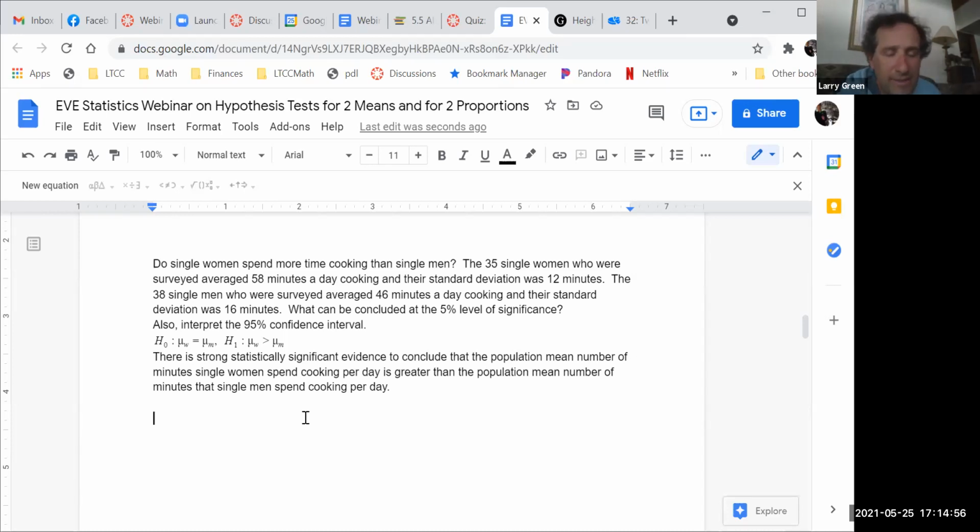Okay, and then if men and women have the same population mean number of minutes spent cooking per day, and we conducted another study, 35 single women and 38 single men, then there would be a 5% chance that we would end up falsely concluding that the population mean number of minutes that single women cook per day is larger than the population mean number of minutes that single men spend cooking per day.